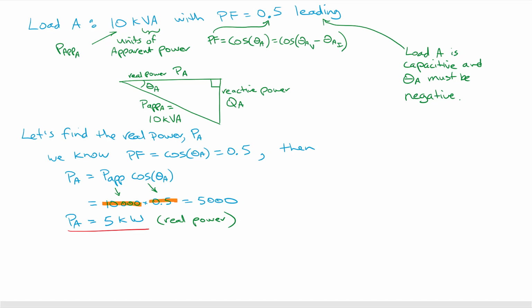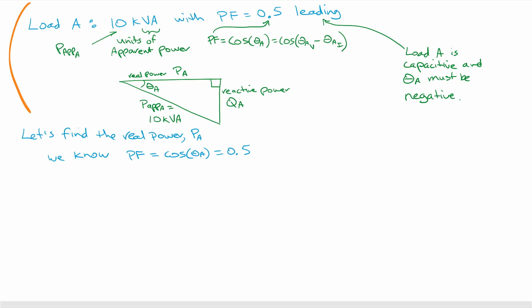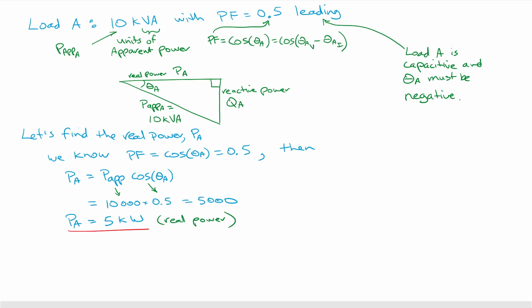We don't need to worry about whether the power is positive or negative because this is real power and it's always positive. That's why we didn't have to find whether theta A was positive or negative. We just used the power factor directly.